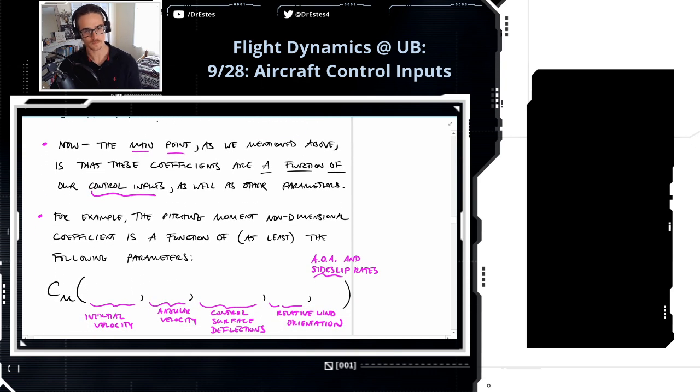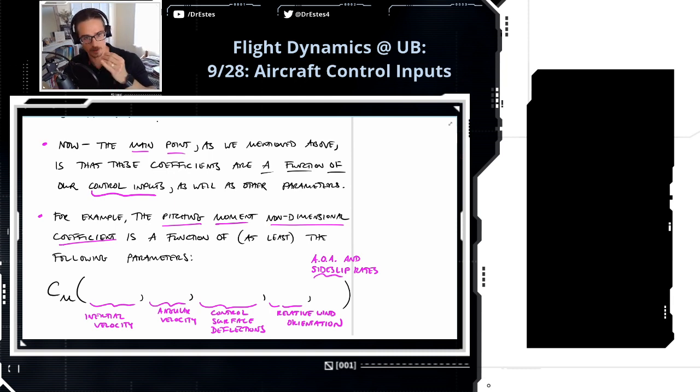So, for example, let's talk about the pitching moment non-dimensional coefficient. The pitching moment is capital M. C sub M is the non-dimensional coefficient associated with the pitching moment.